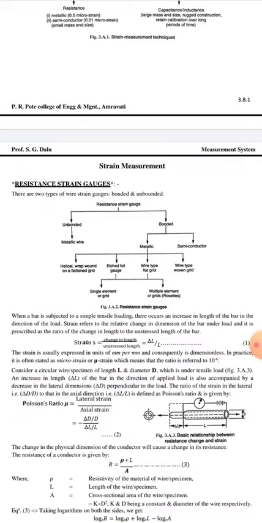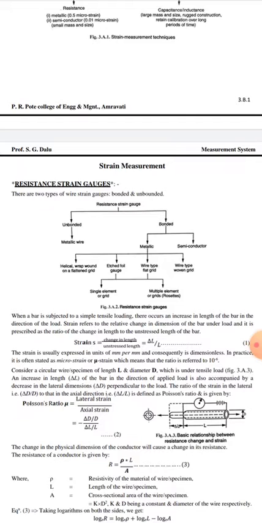That strain is represented by capital S and is equal to change in length upon unstressed length, or we may call it the original length, which is represented mathematically as delta L upon capital L. The change is usually expressed in unit mm per mm, meaning it is a dimensionless quantity because in the numerator there is a length and in the denominator also a length.